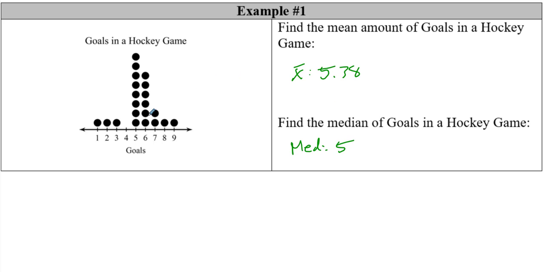So if we look at the shape of this, looking at our values, we got 5.38 and then a median of 5. Remember, the median is the true measure of center. This average is not that far off from 5. So if I was trying to figure out the shape of this distribution, I would say that this is a normal distribution.